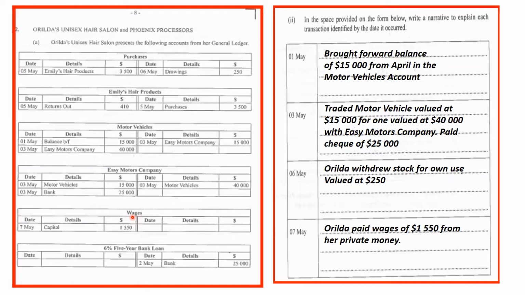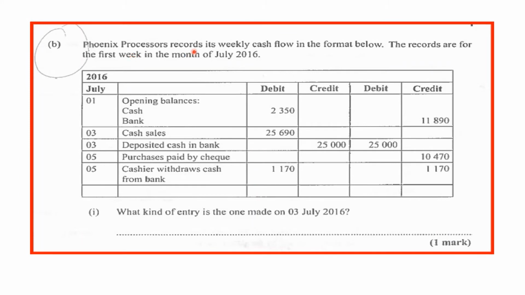Phoenix Processors records its weekly cash flow in the format below. The records are for the first week in the month of July 2016. So we have two columns, debit and credit, and another debit and credit here, right? One is for the cash and one is for the bank, from the opening balance. What kind of entry is the one made on 3rd of July 2016?